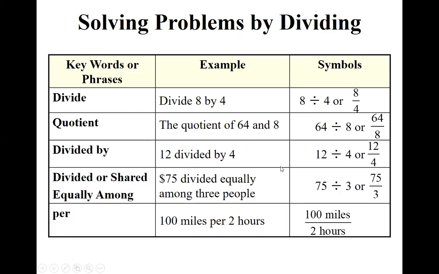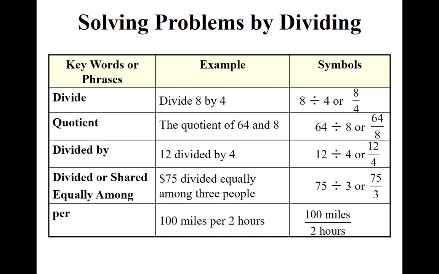Some keywords that tell us that we're looking at a problem that we have to solve by dividing are divide, quotient, divided by, divided or shared equally among, and per. Divide as in divide 8 by 4. That's 8 divided by 4. Quotient, the quotient of 64 and 8, is 64 divided by 8.